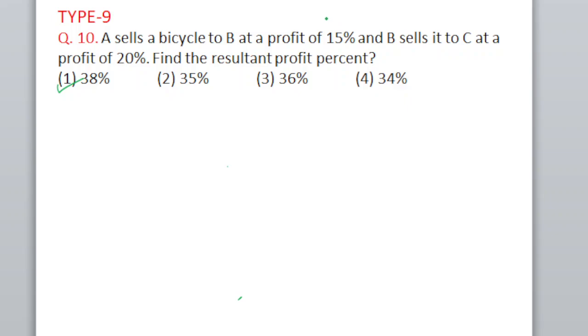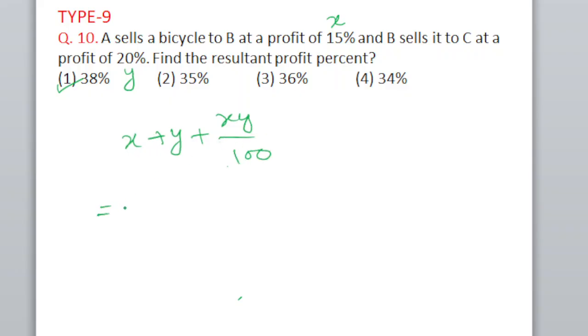Suppose this is our X percent, and B sells it to C at a profit of Y percent. 20% means suppose it is Y percent. So there is a formula for this: X plus Y plus XY by 100.